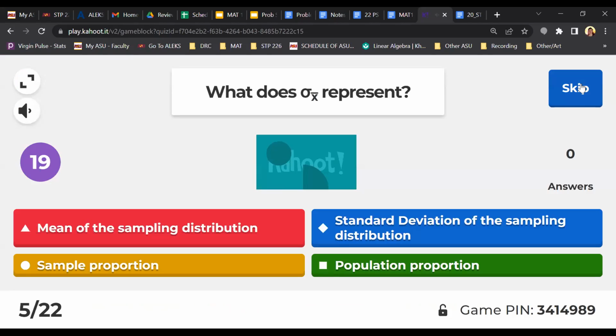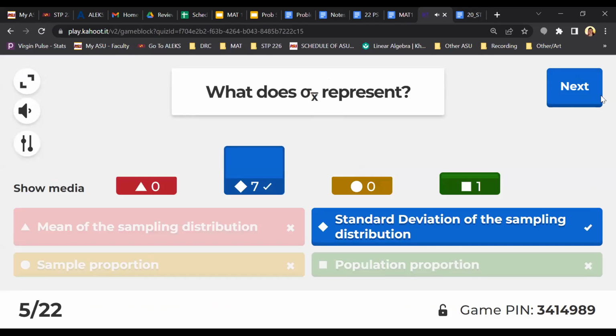What does sigma sub X bar represent? Pretty good, guys, pretty good.